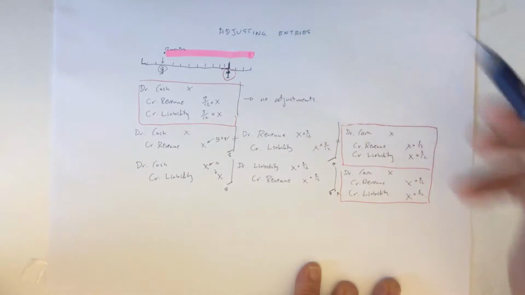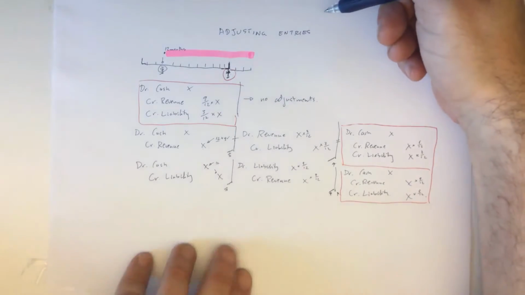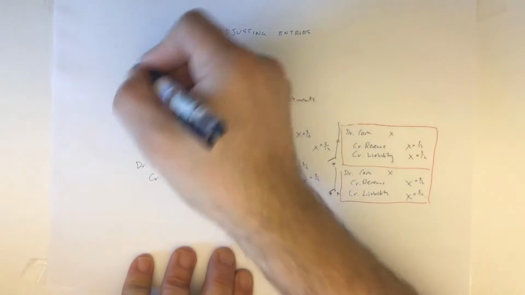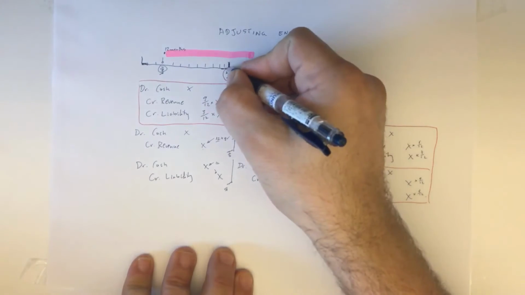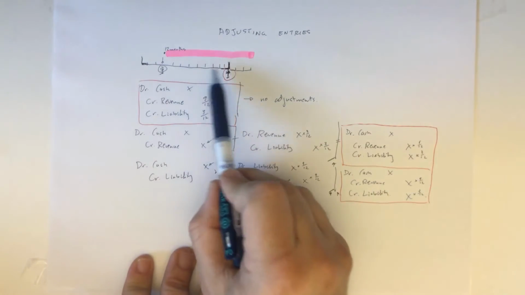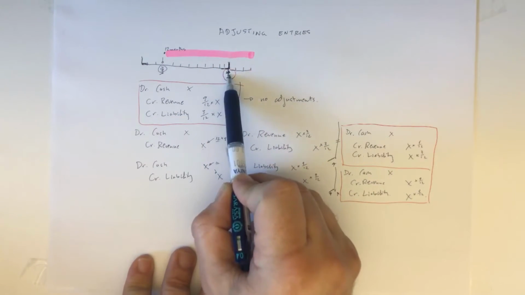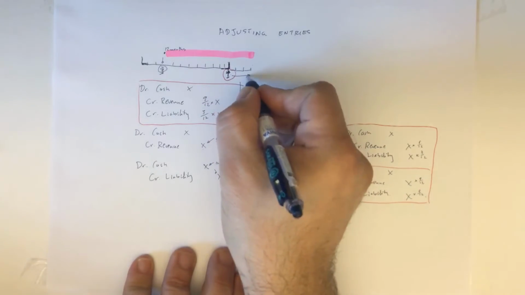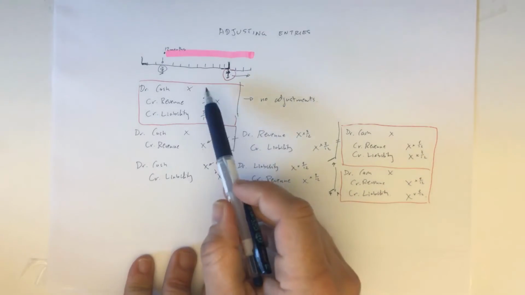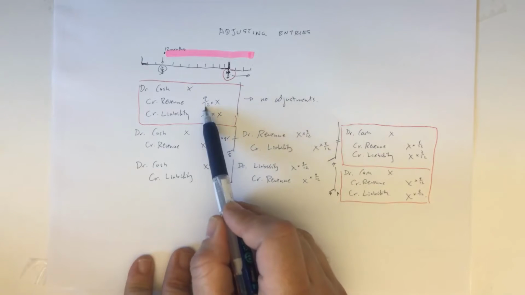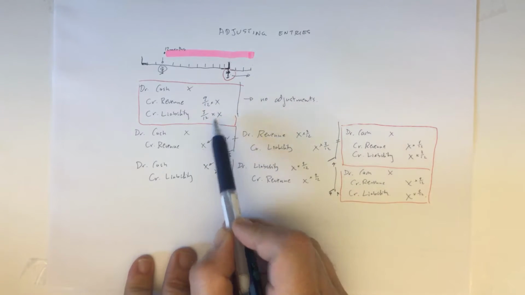Notice the other thing. What's the overall economic effect? The overall economic effect in this financial year is we've earned 9 months worth of revenue and we've got 3 months worth of liability relating to the future. Well, if we record it correctly, that's what we've got: 9 months worth of revenue, 3 months of liability.